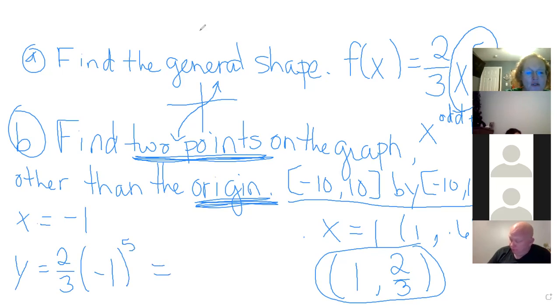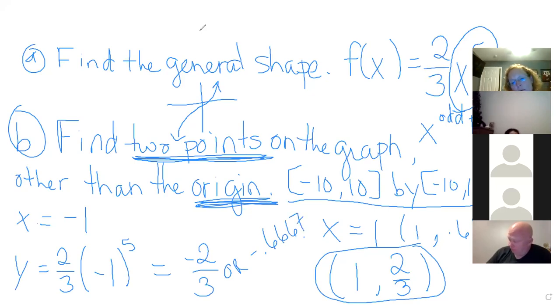And if you do it by hand, first of all, this time you're going to get -2/3. Or if you plug it in your calculator, you're going to get -0.6667.